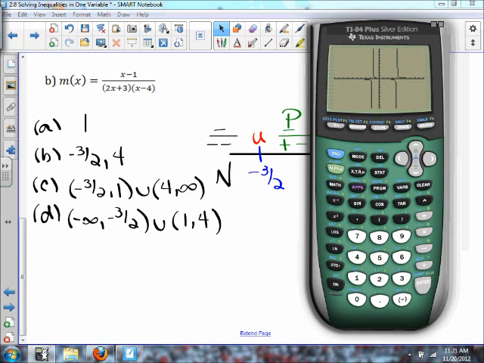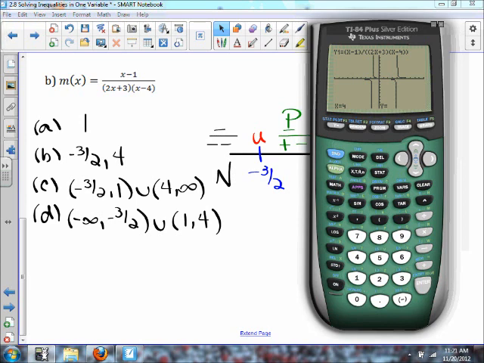Okay, now you can see it'll be 0 at x equals 1. It'll be undefined at negative 3 divided by 2, because there's no y value there. It'll be undefined at 4. There is no y value there. So from negative 3 halves to 1, it'll be positive.